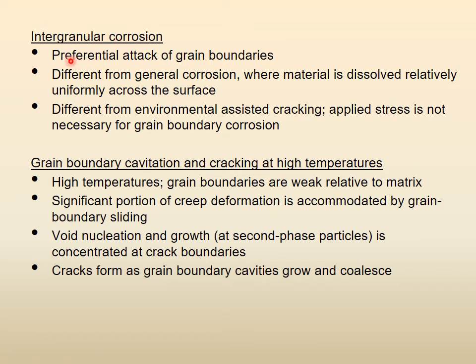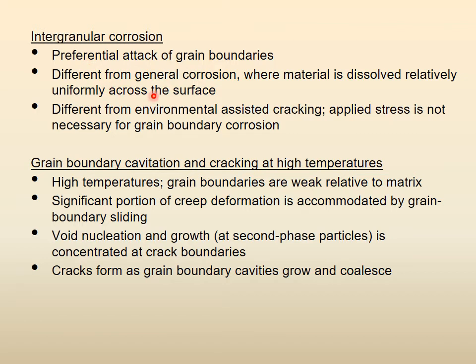Here there is a preferential attack of the grain boundaries. It is different from general corrosion, where material is dissolved relatively uniformly across the surface. It is different from environmental assisted cracking because the applied stress is not necessary for grain boundary corrosion. So intergranular corrosion is a corrosion that preferably happens only along the grain boundaries.